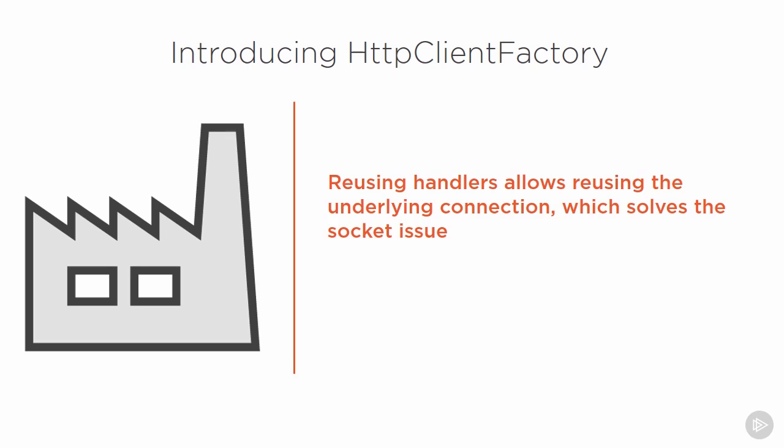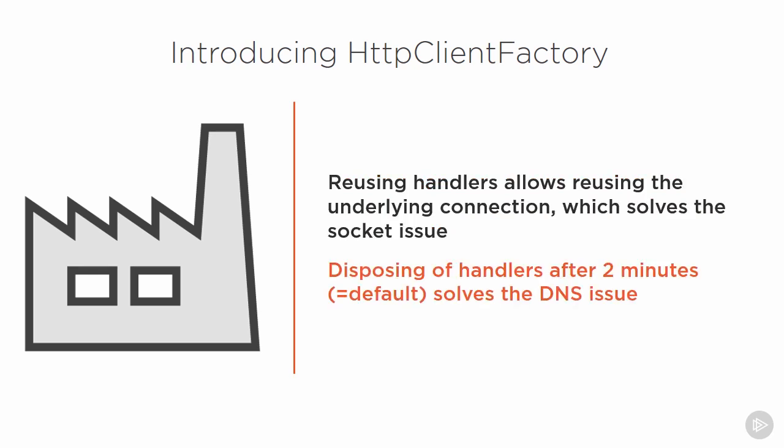The handlers and thus connections are reused for about 2 minutes. The next issue was responding to DNS changes. And it's the fact that HTTP client handler instances are only around for about 2 minutes, unless they're in use, that mitigates this issue. Once a new instance of the handler is used, DNS changes are taken into account.